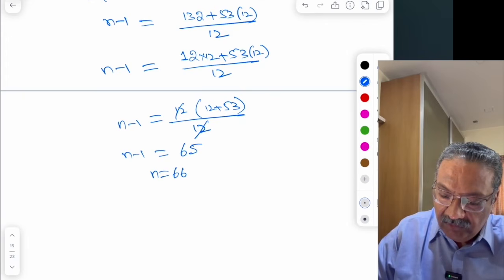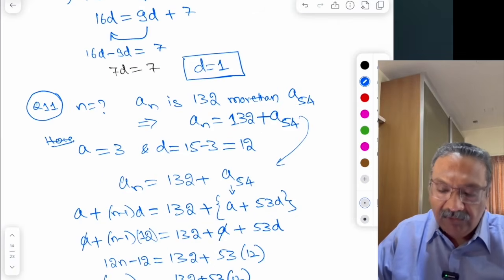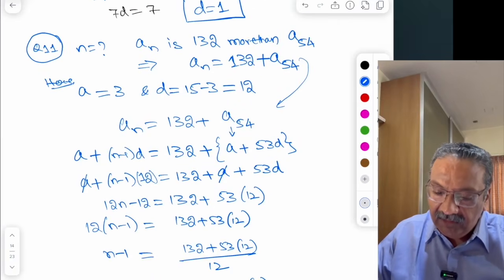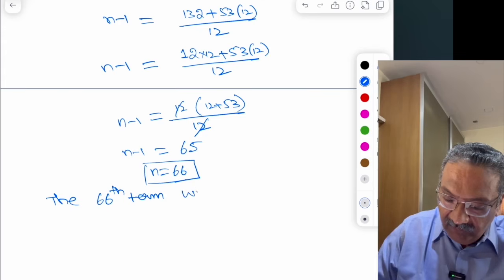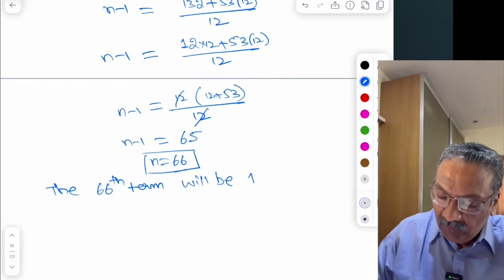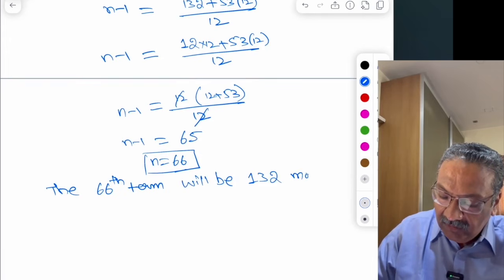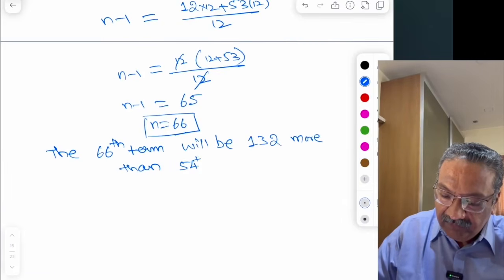So n is equal to 66. What does n equal to 66 mean? The 66th term will be 132 more than the 54th term of the AP.